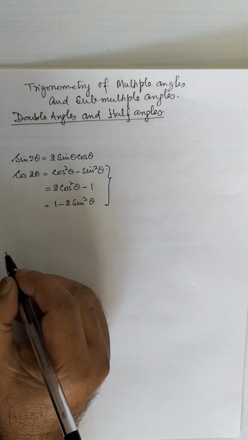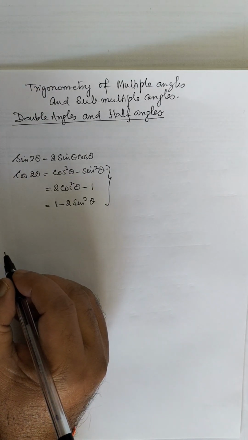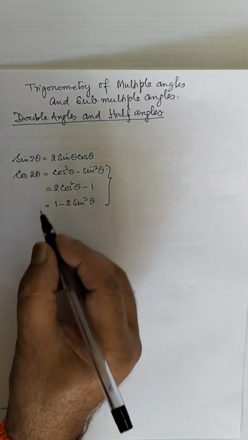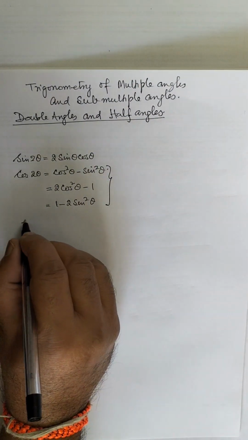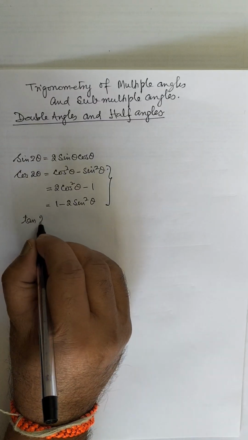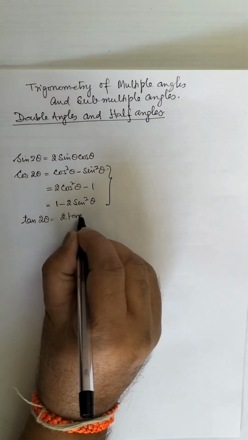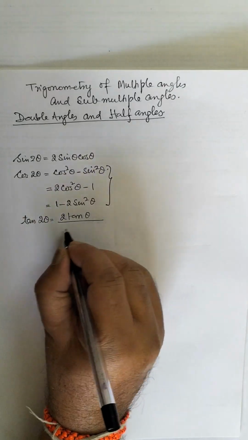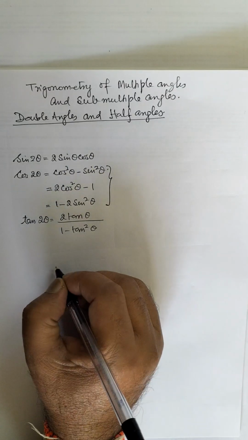Therefore, it becomes a little bit critical and important because according to the question we have to decide which form is to be used. Now next, tan 2 theta is simply twice tan theta upon 1 minus tan square theta.